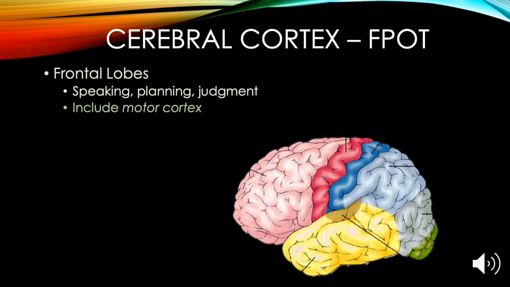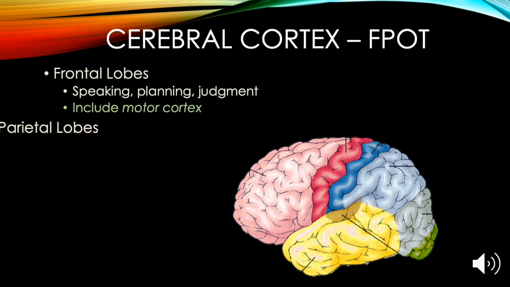They include the motor cortex, which is that dark pink part. So the frontal lobes are the pink part. The dark pink part is the motor cortex, and the motor cortex handles sending information to our muscles to make decisive movements.